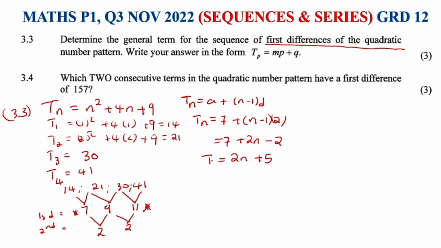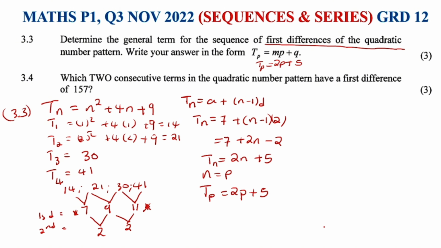Okay, but we know they said in terms of p, so where there's n, we're going to put p. Therefore, we're going to say Tp is equal to 2p plus 5. In this case, 5 is the constant and 2 is the coefficient of p. That's our general formula as it is.